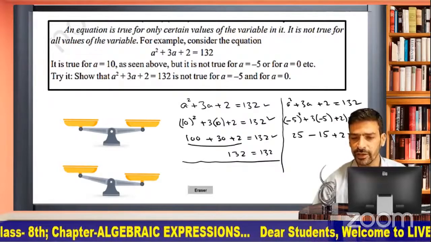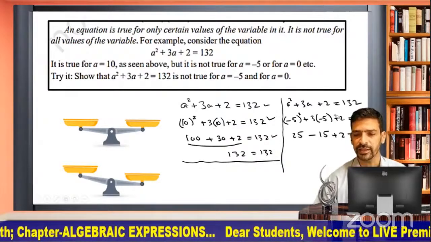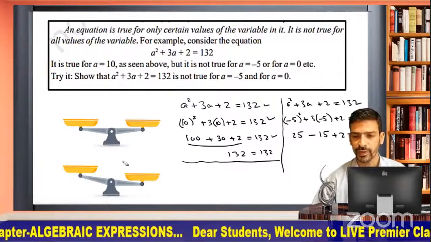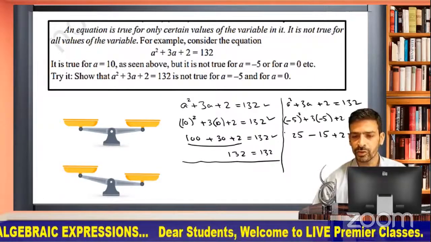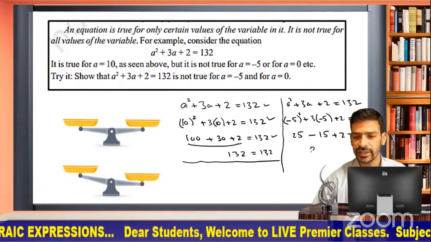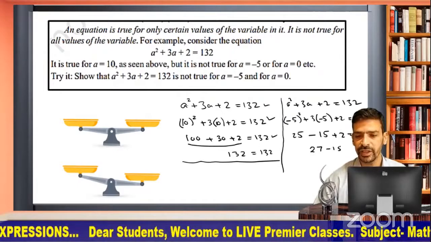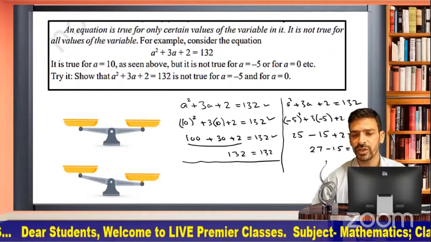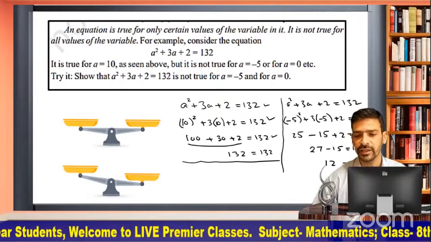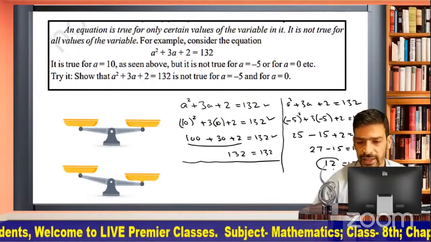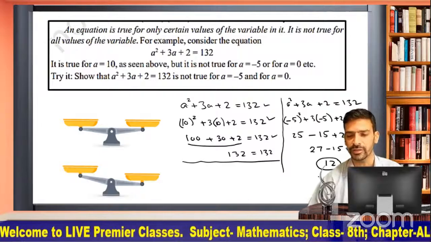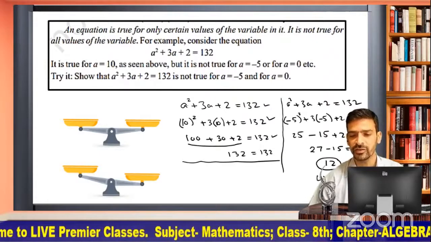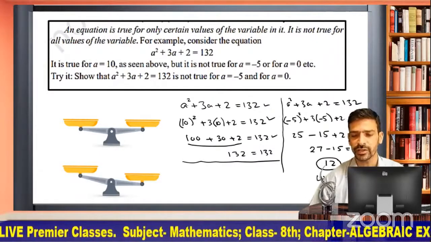I need to make a correction here, we took this bracket here. So 25 and 2 is 27, minus 15 equals 132. Okay? So it is 12 equals 132. So LHS is not equal to RHS.